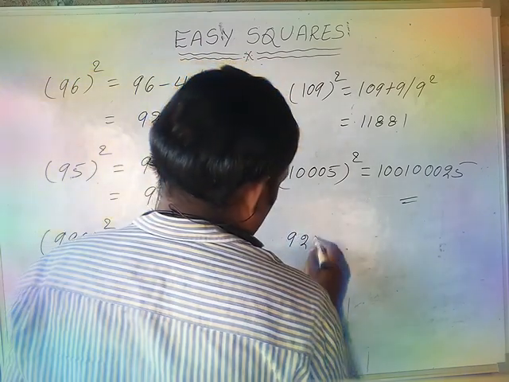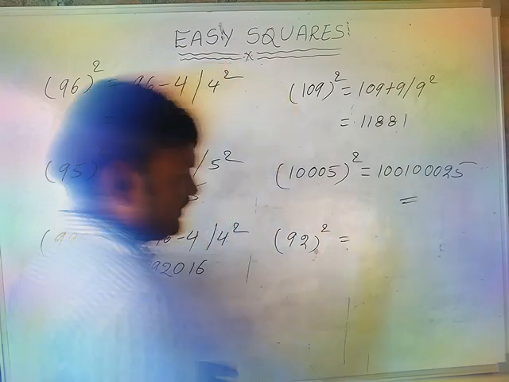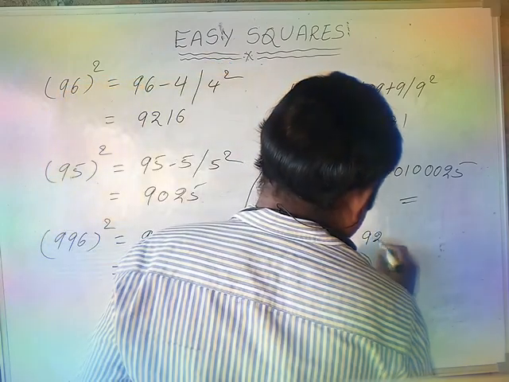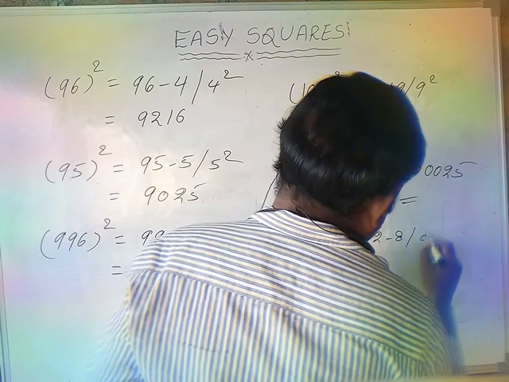So another problem we can be solved here. For example, 92 whole square. So that is 92 minus 8. That means 8 square.